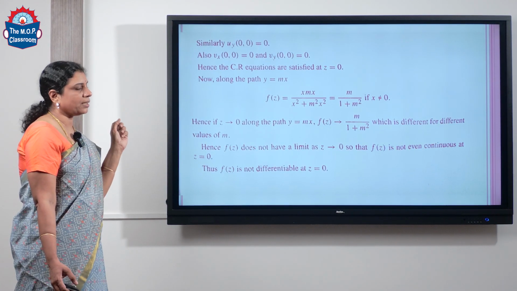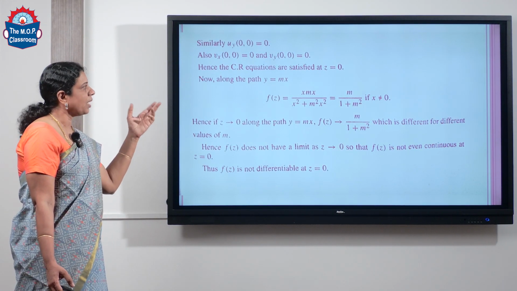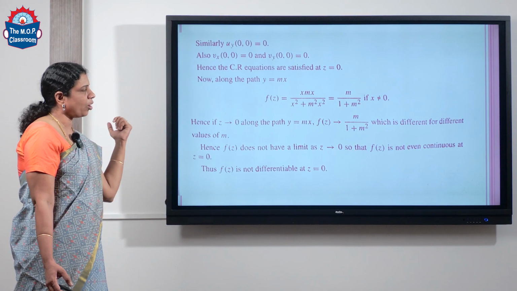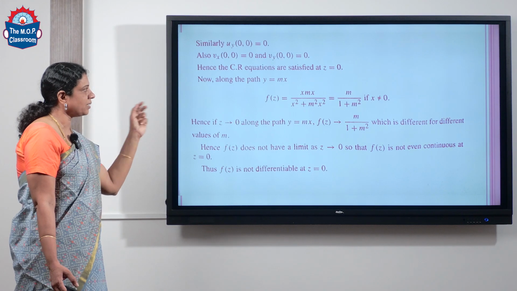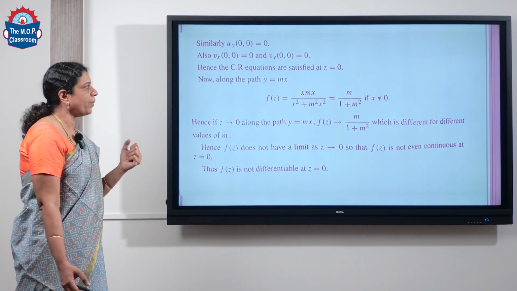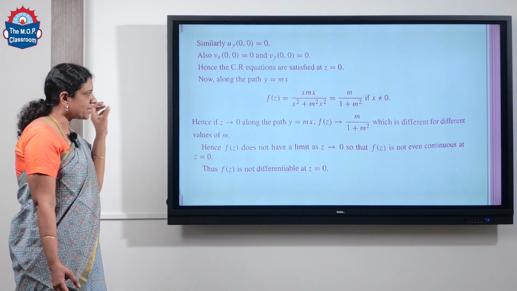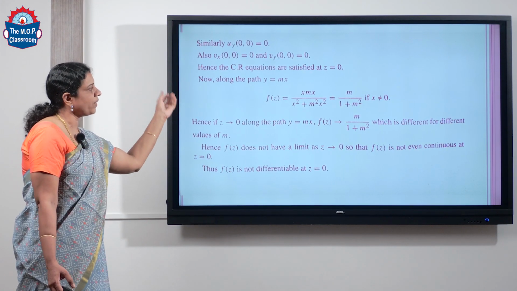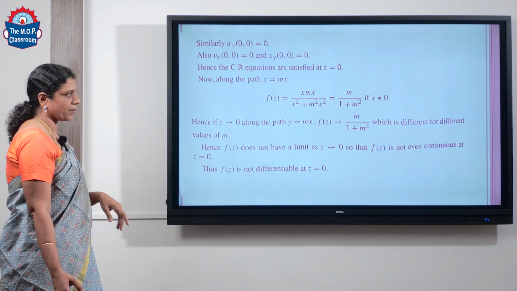So we take a path y equal to mx and substitute. In the numerator we take x square common, in the denominator also x square common, and we cancel that. We get f of z equal to m by 1 plus m square. Now as z approaches 0 along the path y equal to mx, the whole function depends on m by 1 plus m square.